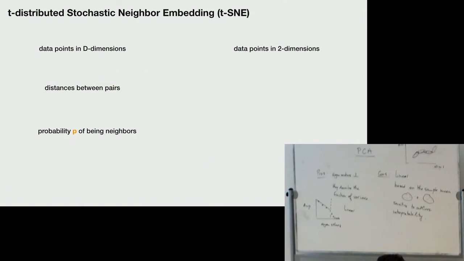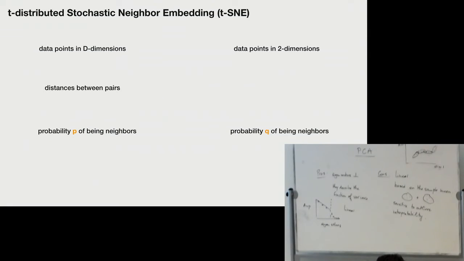Then for every point, given the distances that we've computed, we are going to assign a probability for different points to be the neighbor of the point that we have chosen. So we turn these distances into probabilities to be a neighbor, and we are doing this in this high dimensional space.